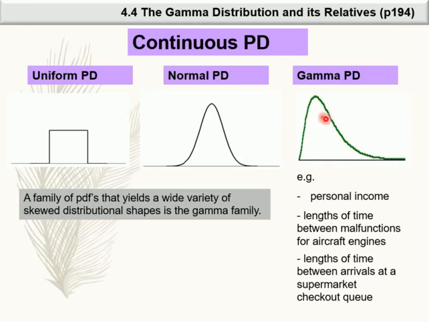You're going to have a lot of people in a certain range, and then as income gets higher and higher, there are fewer and fewer people who earn very, very high figures. So this would be a typical graph for such a distribution. And these are two other examples that you can also take a look at.